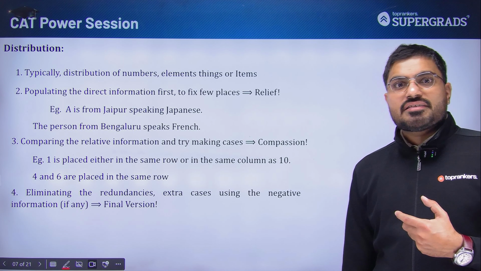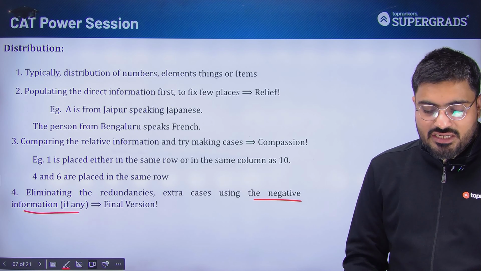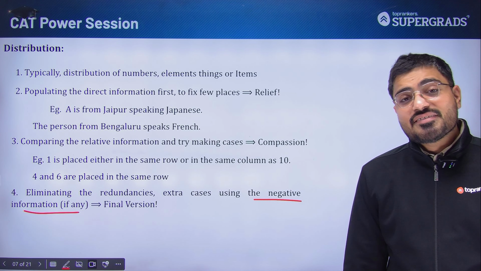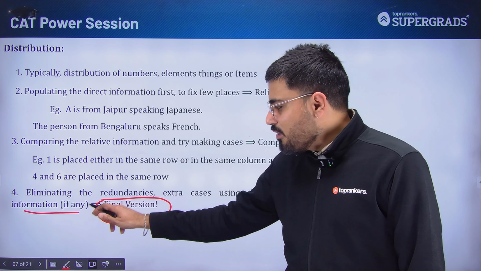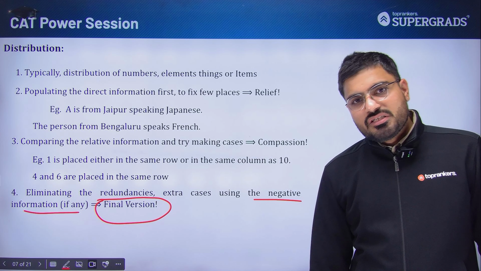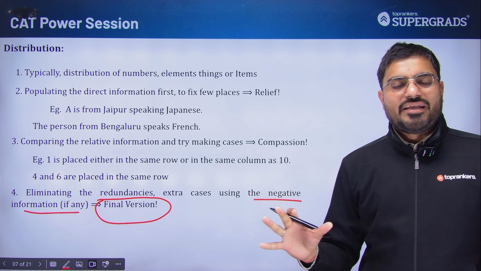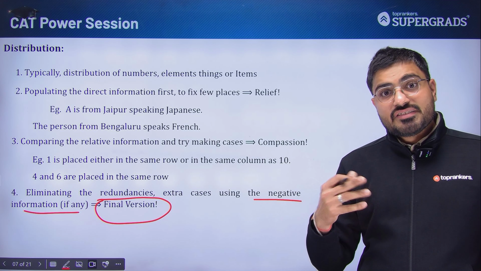To identify such cases, you need the help of negative information, if any. It is not necessary every time there will be negative information, but if any is given, you need to take help of it. If you have done these 3 steps, you will have the final version of your table or matrix.